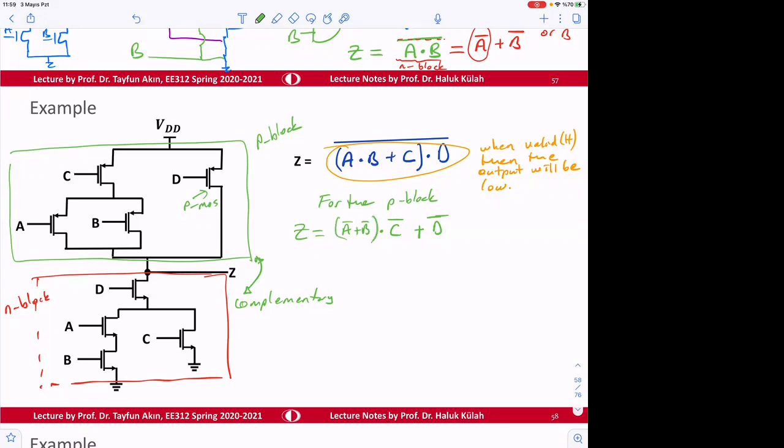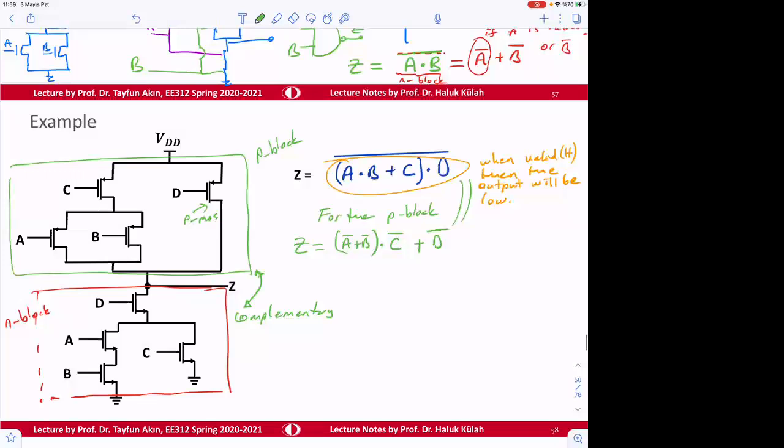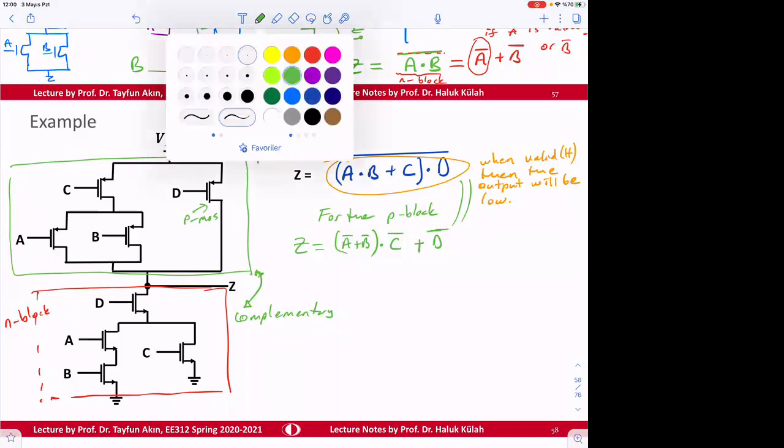And that's exactly equal to this one. Okay, so the easiest thing is to draw the N block first, and then draw the P block.